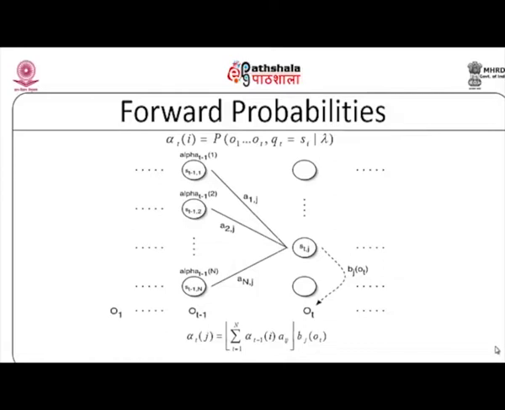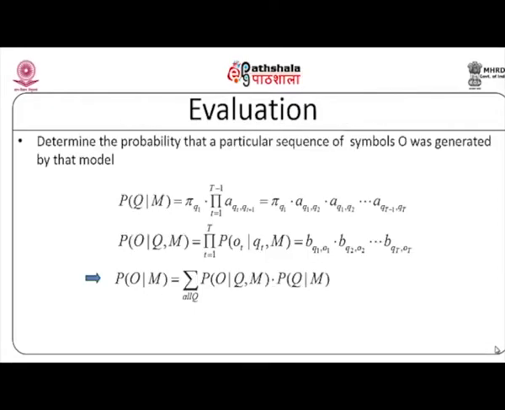So, we are also looking at the emission probability bj. This is the forward probability. You are doing a summation of all the forward probabilities up to t minus 1, along with each state's transition probability and the final emission probability.